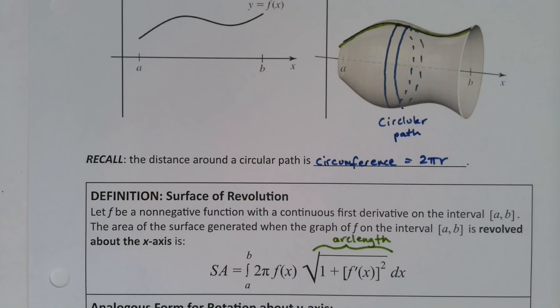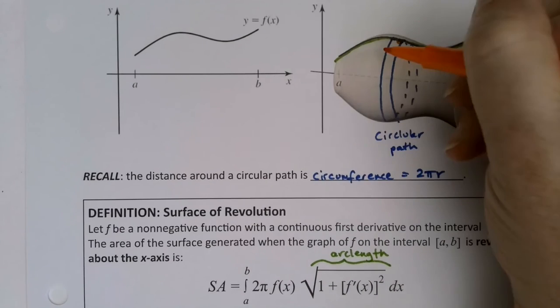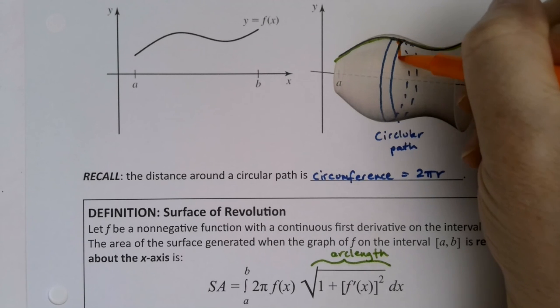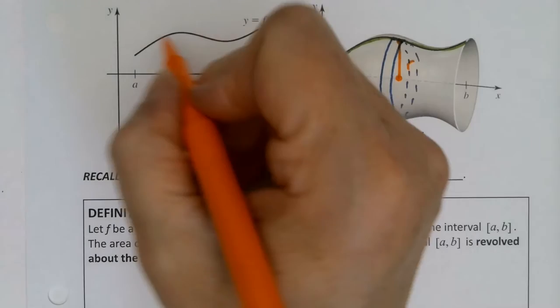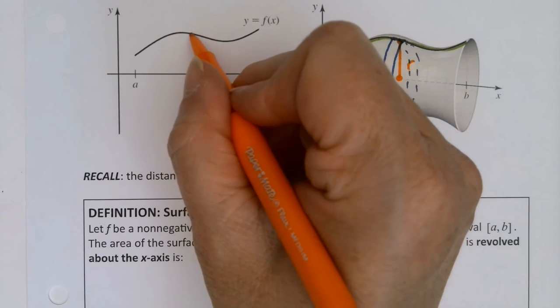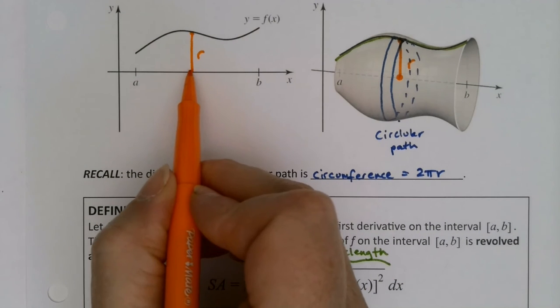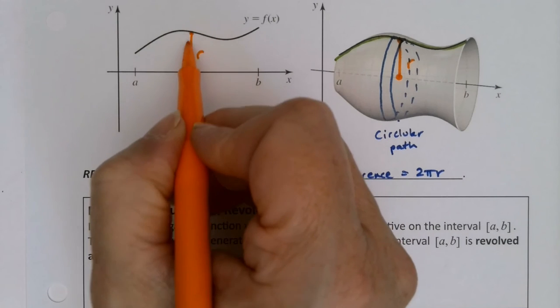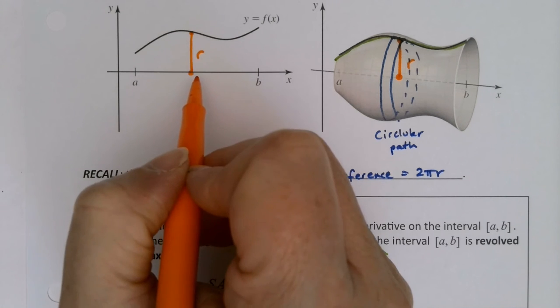R for us is f of x. This radius right here from the outer edge of the string back to the center of the vase, that's r. It's the same as right here, which must be f of x, because that distance right there is from the function back to the x-axis. So that r is f of x.